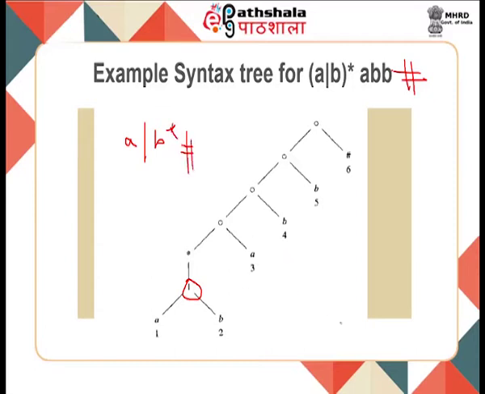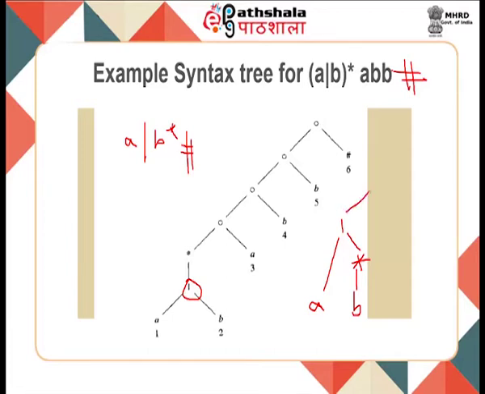I will have the node a here, and then it is a or b star. I have to first do b star, because star has a higher priority compared to the OR operator. So, b is my leaf node and its parent is going to be a star node, and I have an OR operator for this expression, and followed by that I have a hash.